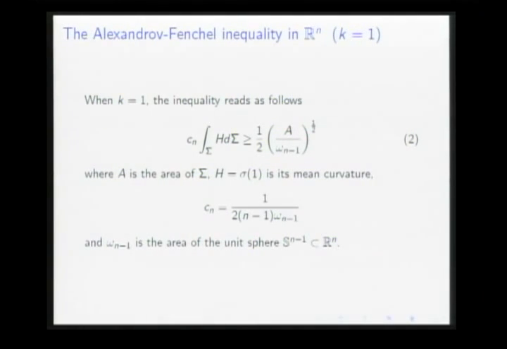You have just the area of the hypersurface, and this is the constant here, where omega n minus 1 is the area of the round sphere of radius 1.